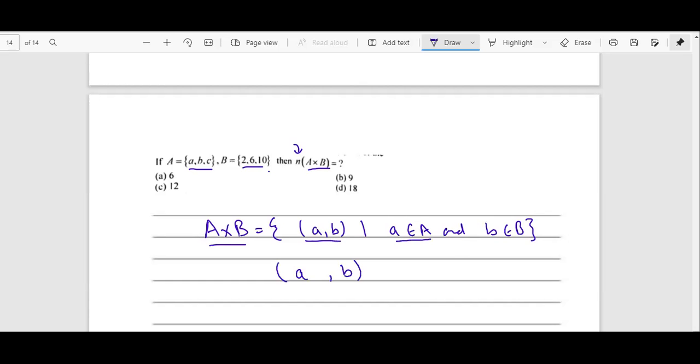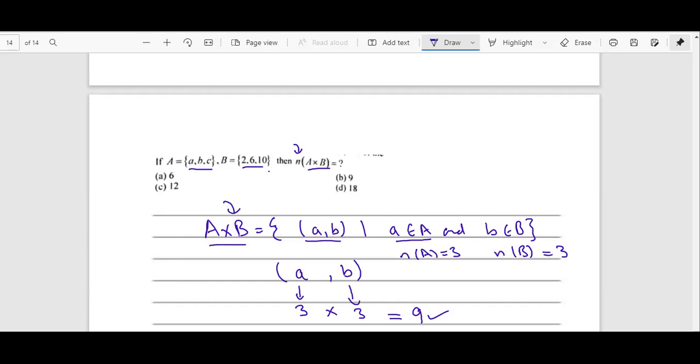And in capital A, we have three elements, right? Number of elements in capital A is 3. And number of elements in the set B is also 3. So I can have 3 options here and I can have 3 options for the set. So this basically is going to give me 9. So I can have 9 such ordered pairs in this set.